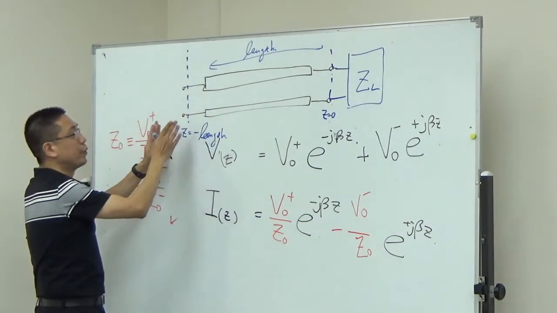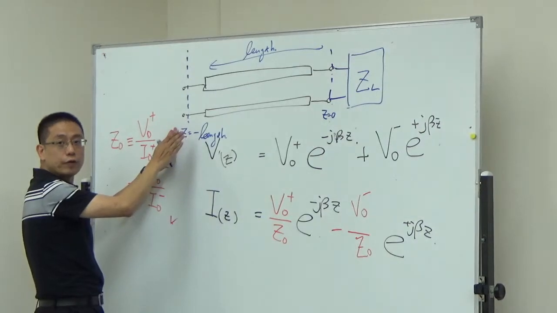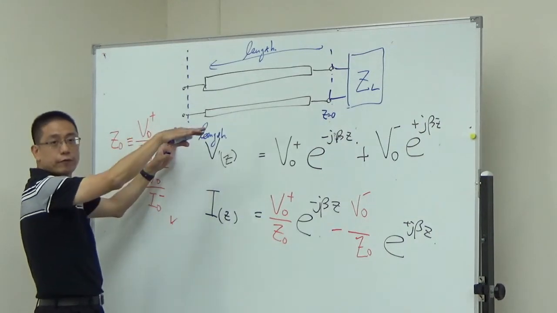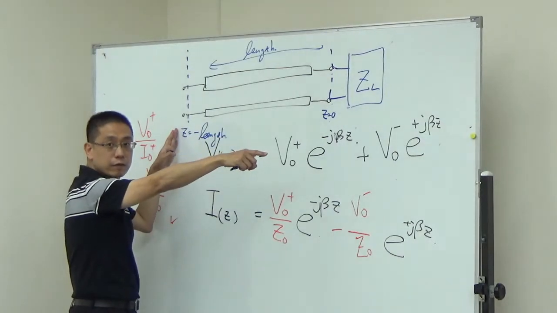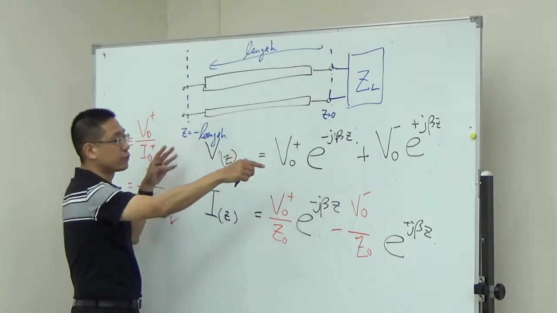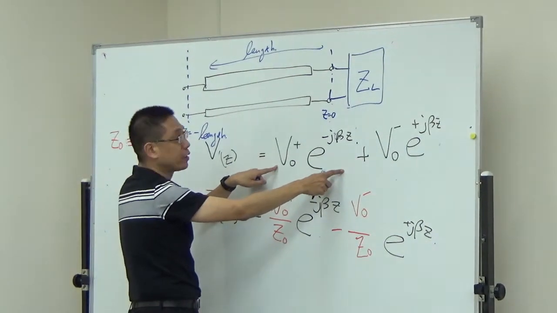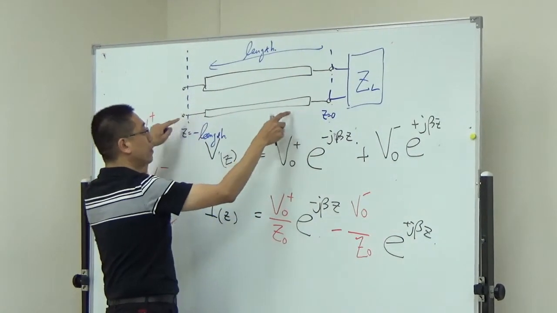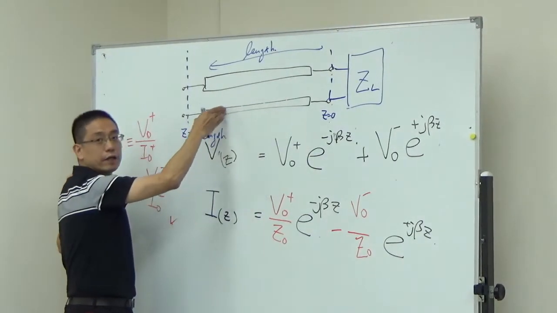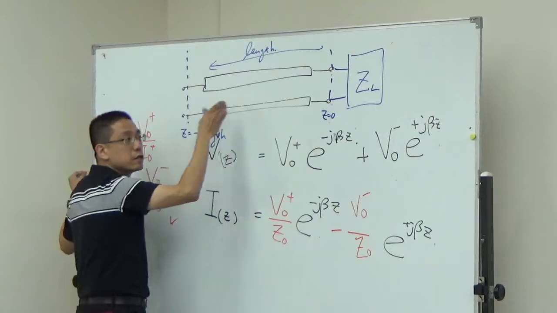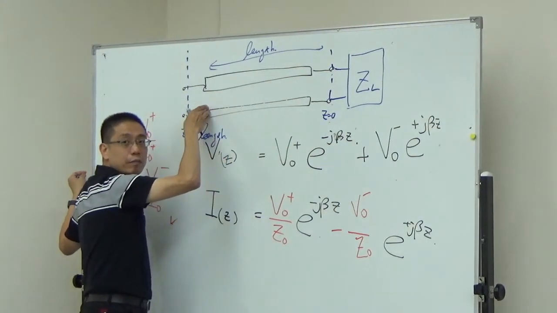Because we define the direction of the wave going to the load as positive, the meaning of this equation will become this one. And for any point on it, it is minus z for any position.